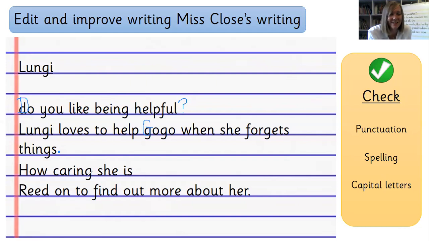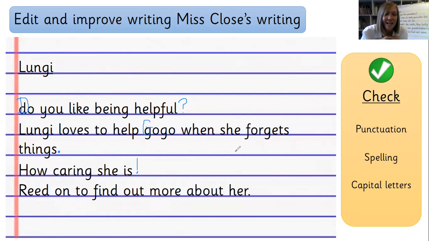Let's look at the next sentence. How caring she is. Oh, how caring she is. That's an exclamation, well done. I've forgotten to do my punctuation. Oh, good job, I'm checking my work.